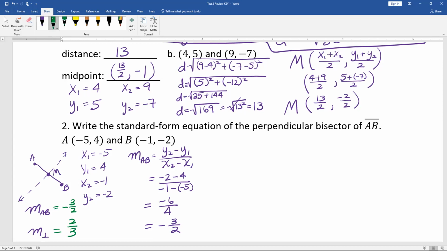Everybody good on where that came from? Opposite reciprocal. Change the sign and just flip the fraction. That's why I keep it as a fraction.